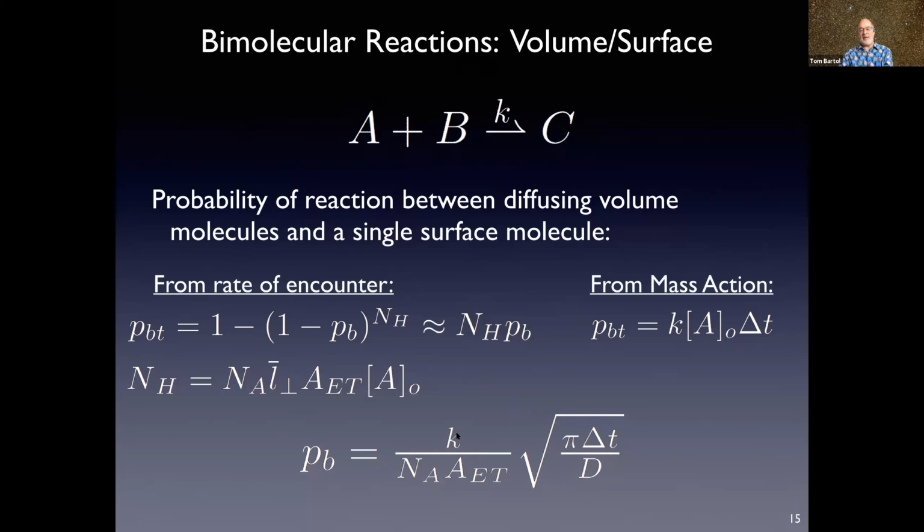Also, this says that the longer the time step is, the larger the probability should be. Now that's weird, because a longer time step should also mean more collisions, right?